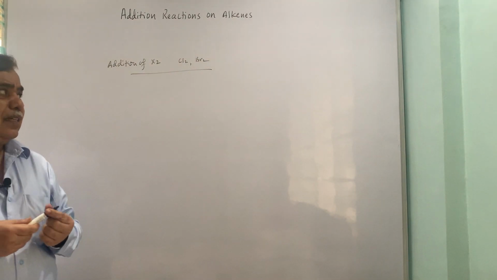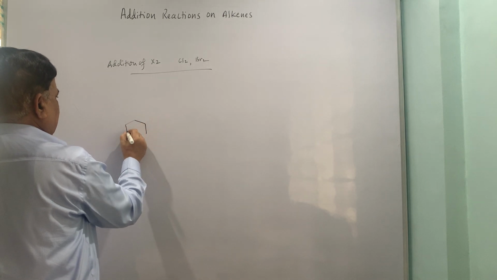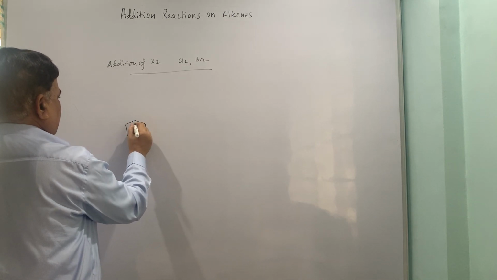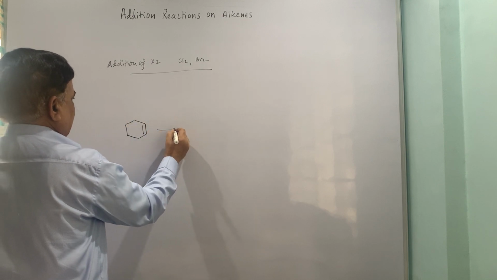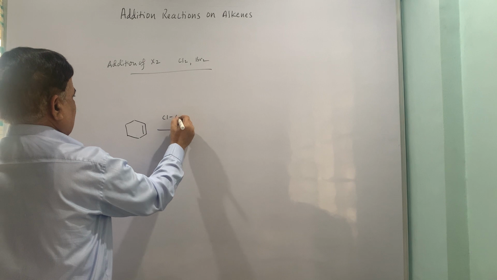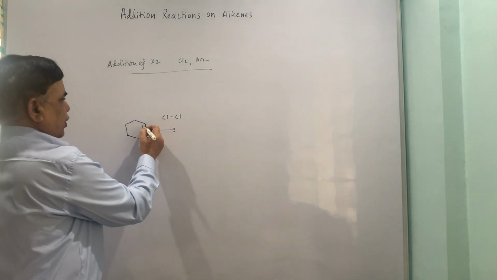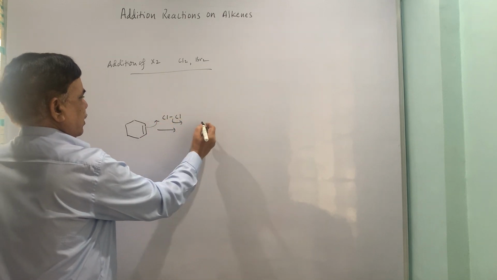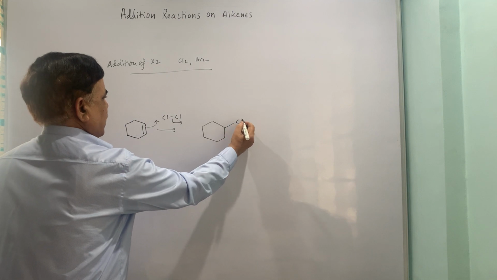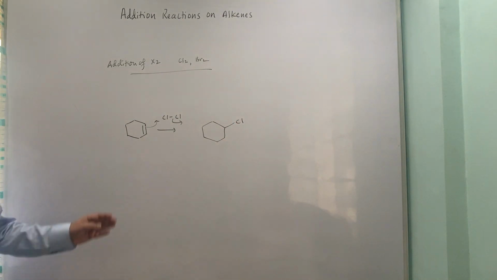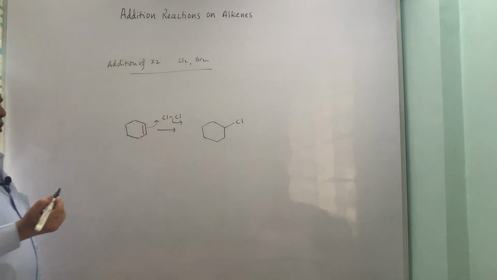And for this reaction, the alkenes, if you look at the basic qualitative analysis, then if I start with cyclohexene and put chlorine to this, there is a formation of sigma bond at the expense of this pi bond and the sigma bond of chlorine.